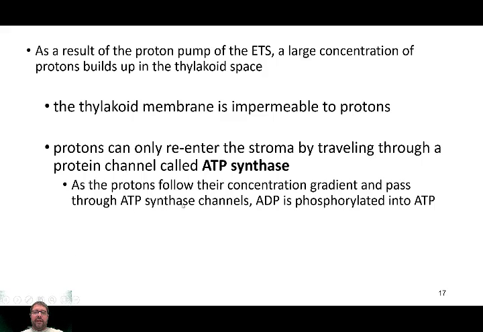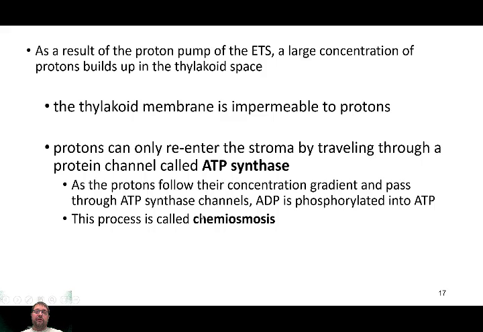This gradient, by pushing a bunch of protons on one side and then having them come back across, generates energy. And that energy is enough to take ADP, or adenosine diphosphate, and phosphorylate it, so add another phosphate group, to form ATP. The process is called chemiosmosis. So I just told you that movement of material across the membrane is called osmosis.